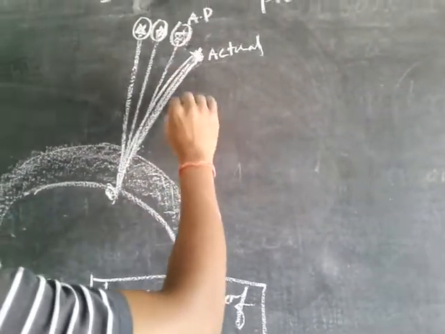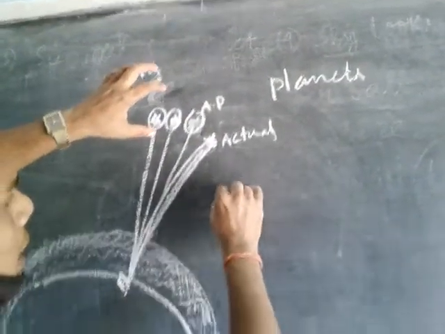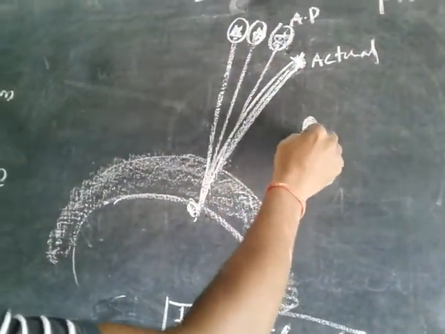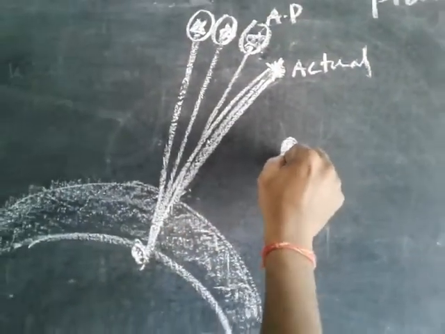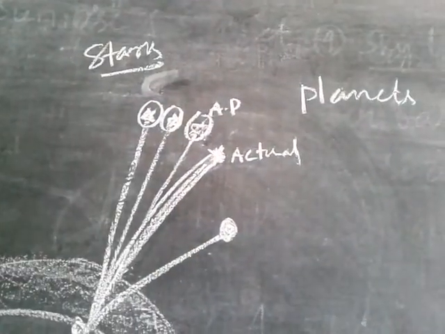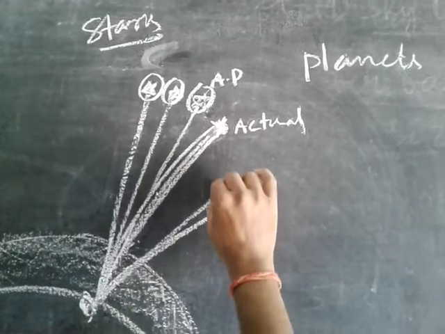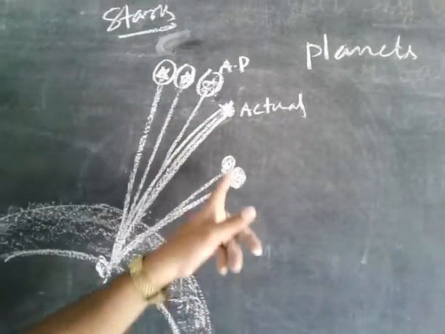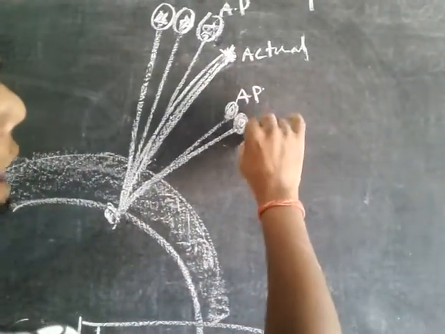But see here, planets are near to the earth and their size is also bigger than stars, because stars are always far away from us. So in this case, these planets do not twinkle. Why? This is also due to refraction. The ray of light also comes along a curved path. But the apparent position is not much different, very close to the actual position.